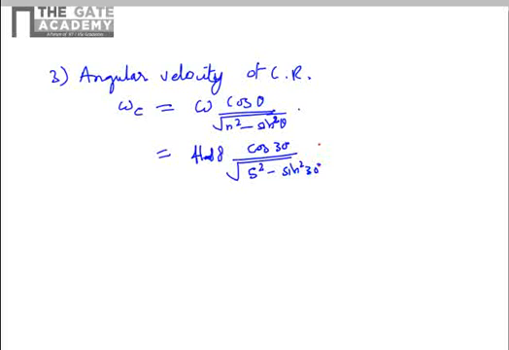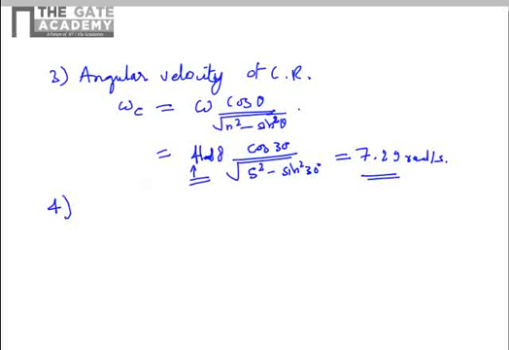If you simplify, the calculation will give you a value of 7.29 radian per second. So as you can see here, the angular velocity of connecting rod is quite less as compared to the angular velocity of the crank, which was 41.88 radian per second.